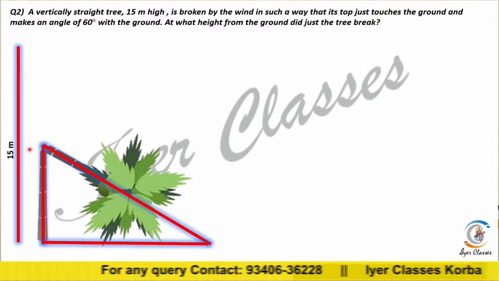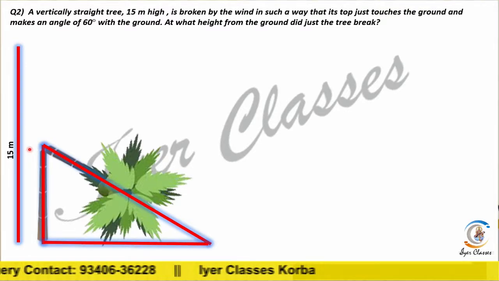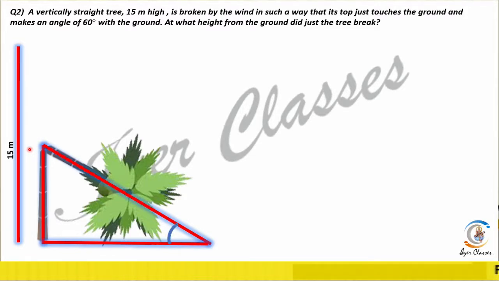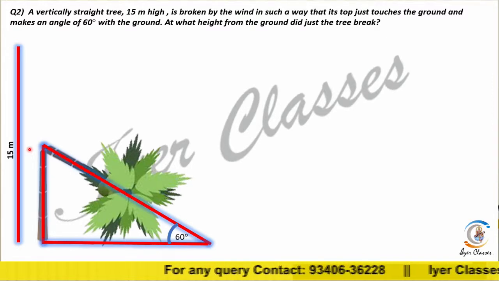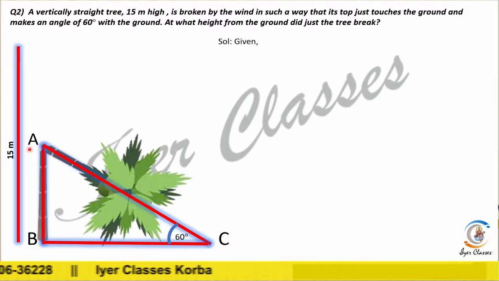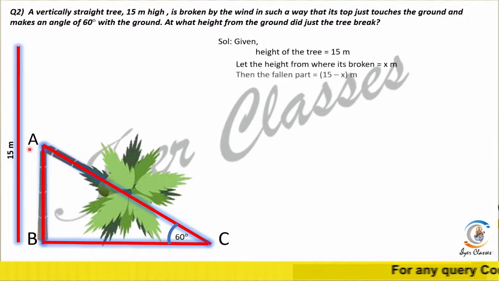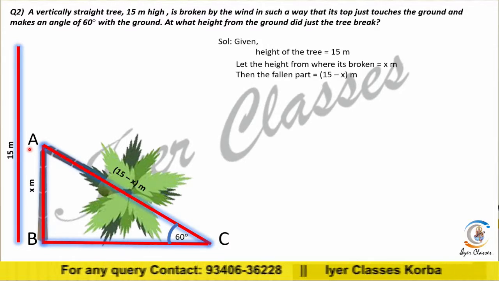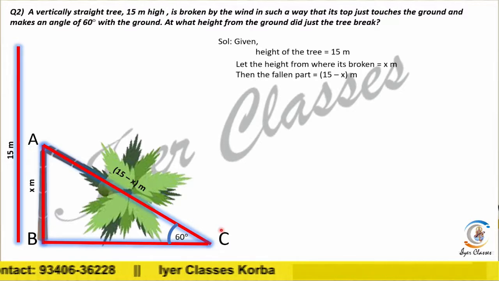So this broken tree is making a right angle triangle with the ground, right? You can see that this tree is making an angle of 60 degrees according to the question. So you are supposed to find AB, the height from where it has broken down. If you don't know anything, take it as x. So the remaining part will be equal to 15 minus x.